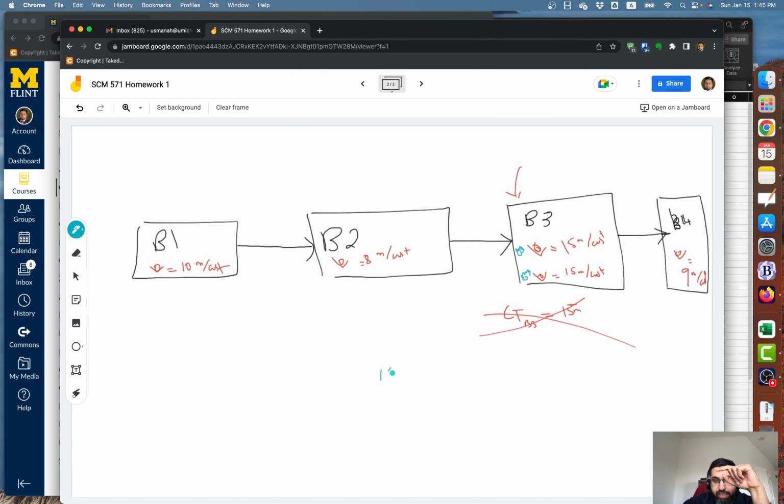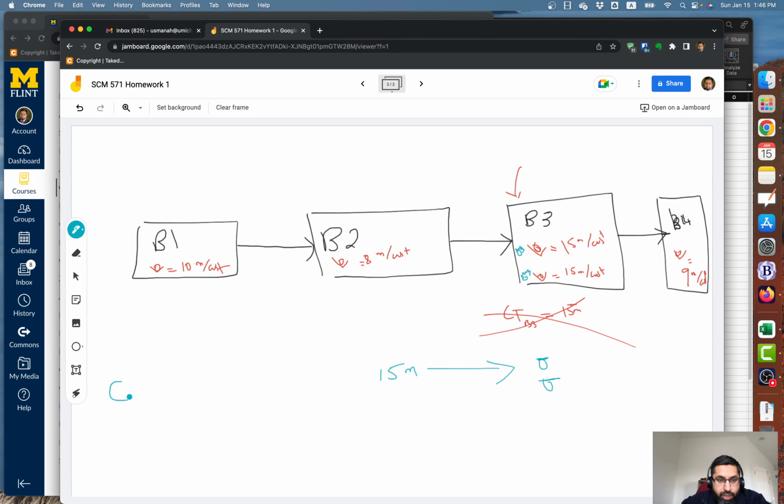So once 15 minutes are up, you don't output one customer, but you output 2 customers with their hair cut. So every 15 minutes, step B3 can pop out 2 customers or 2 haircuts. Right? So 15 minutes cannot be the cycle time, because cycle time is the time taken to process one customer or one unit. In 15 minutes we process 2 units.